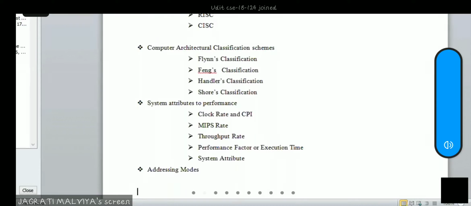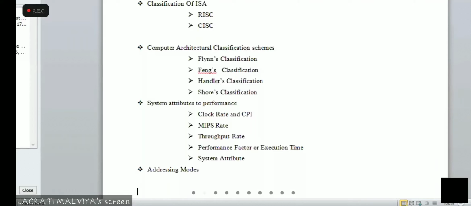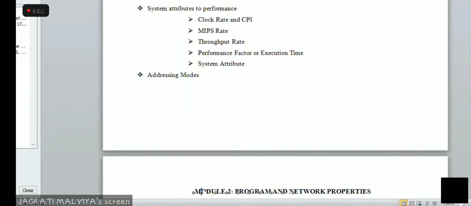With the help of these parameters, we calculate the performance of the system. On the basis of these parameters, we solve some numericals and calculate the system attributes and system performance. The next one is addressing mode and types of addressing modes and numericals part also.